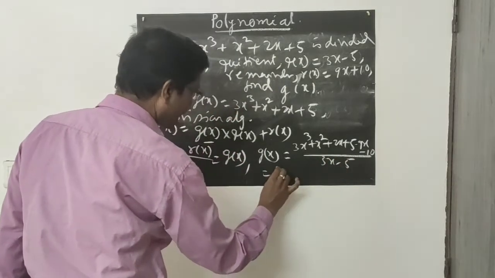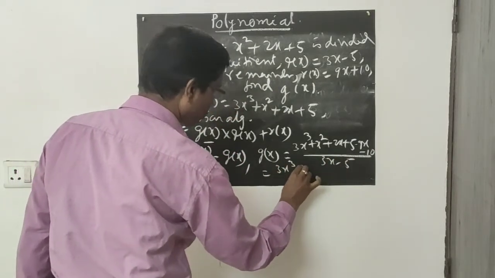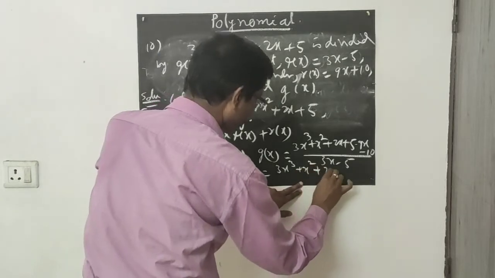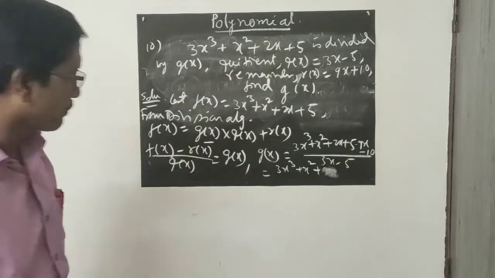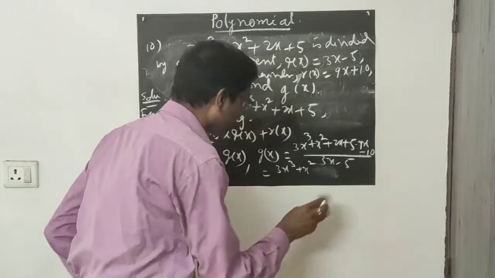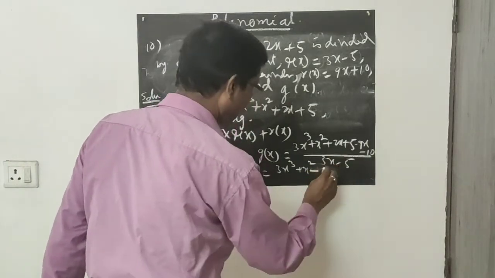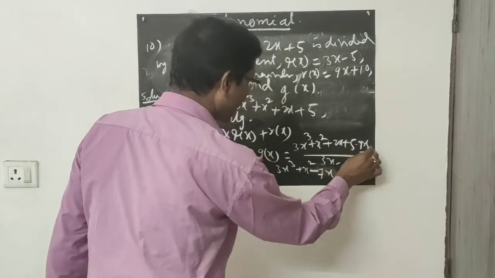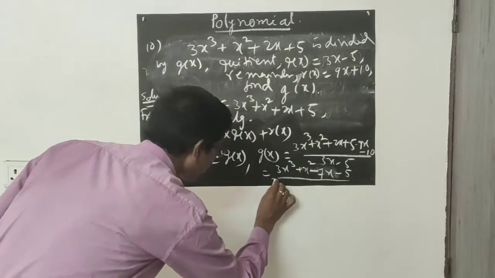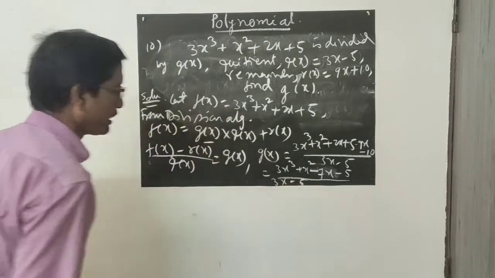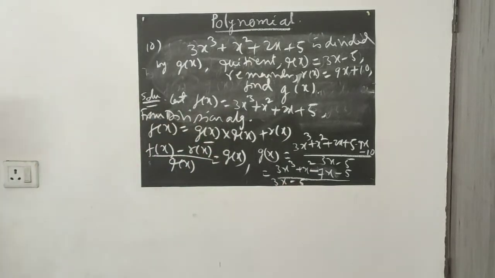So ultimately it will be 3x cube plus x square plus 2x minus 9x, which is minus 7x, plus 5 minus 10, which is minus 5, the whole divided by 3x minus 5. Now we have to divide this one.